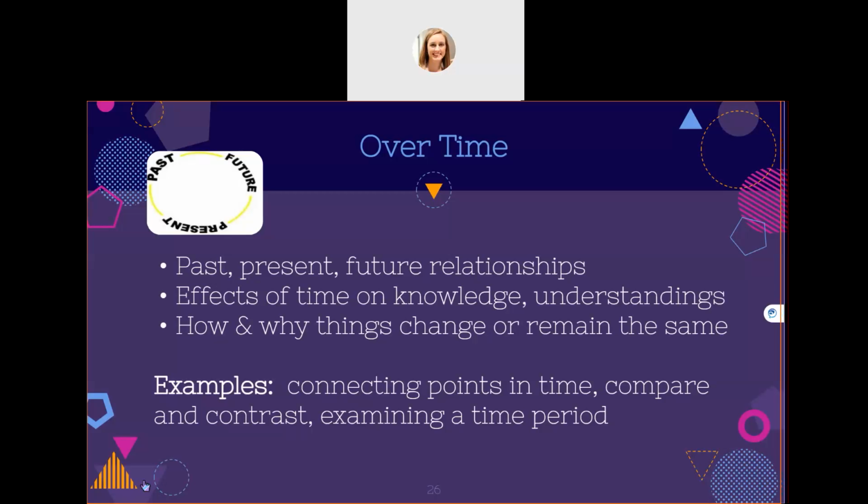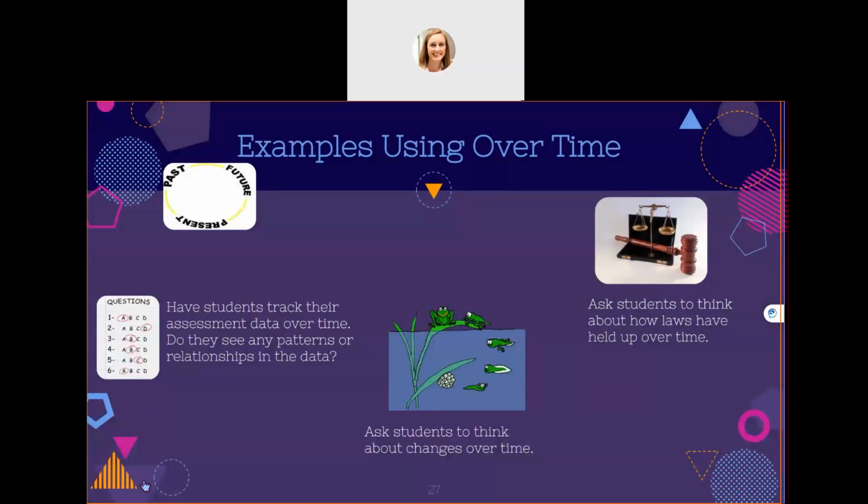So complexity helps students see how what they have learned across different disciplines can be connected. And so some examples of using over time would be you could have students track their assessment data over time. Do they see any patterns or relationships in the data? Maybe they can pinpoint something that was going on in their life if they see a discrepancy in their data.